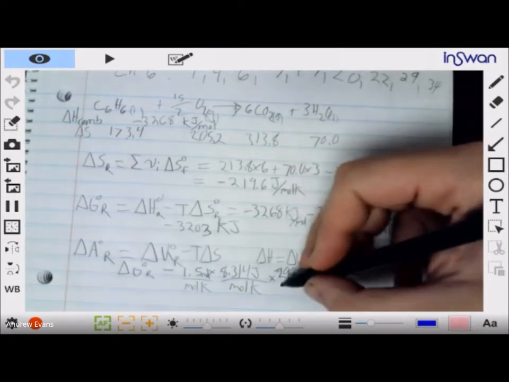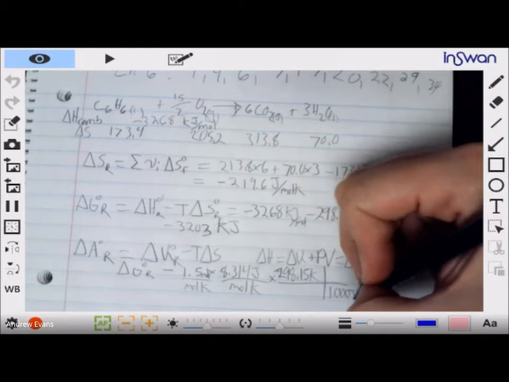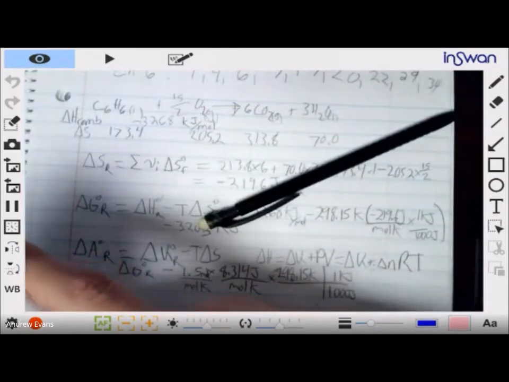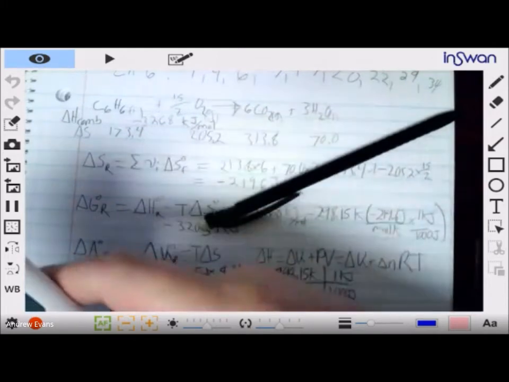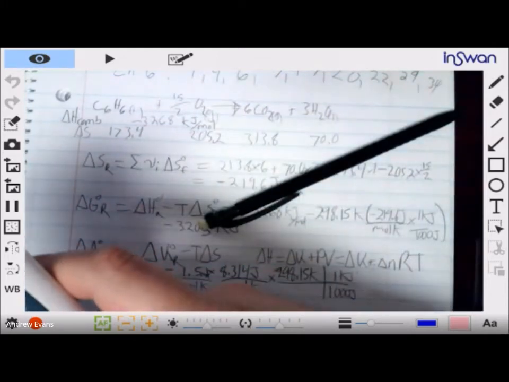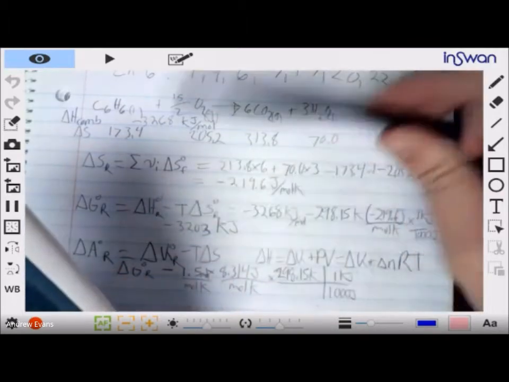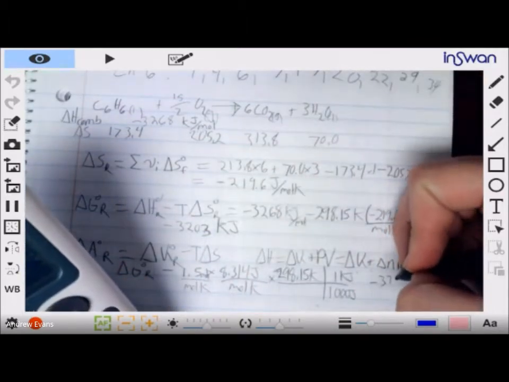And of course, you always have to turn this into the correct units, 1,000 joules to 1 kilojoule, so that we don't blow our numbers out of the water. So the effect is we are changing it by negative 3.7 kilojoules.